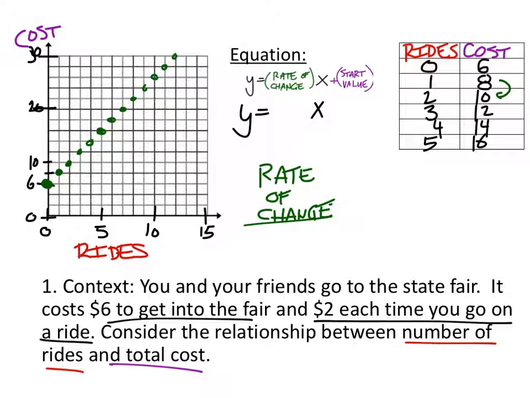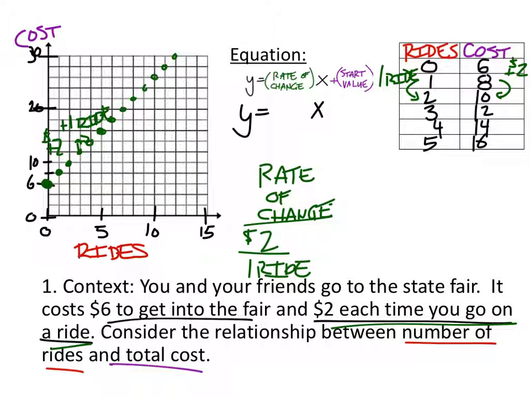For example, between 8 and 10, it went up by $2 for every 1 ride. It's shown in the graph between 2 points. It's going to go up $2 for this 1 ride. And in the context, they said it was $2 every time you go on a ride. So our rate of change is $2 for 1 ride.